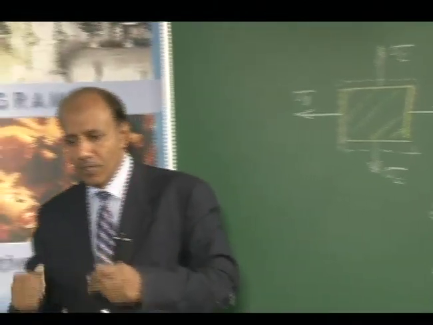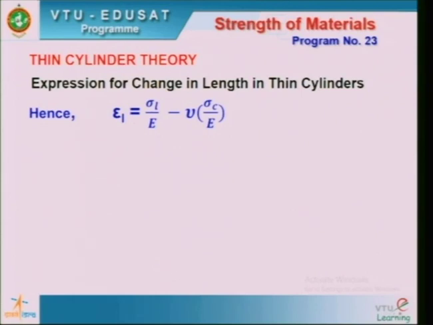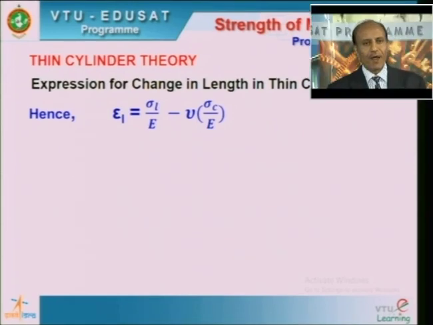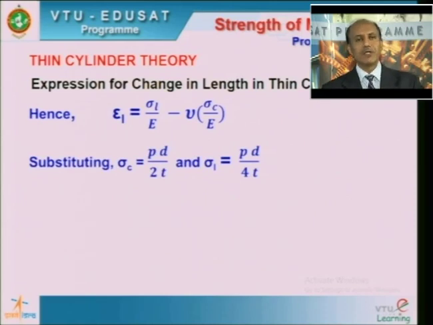Coming back to the slide, I have got that expression. I hope you understand. Now we do a very similar exercise. We substitute the expressions for sigma C and sigma L. I guess now we are very familiar. Sigma C is PD by 2T, sigma L is PD by 4T.